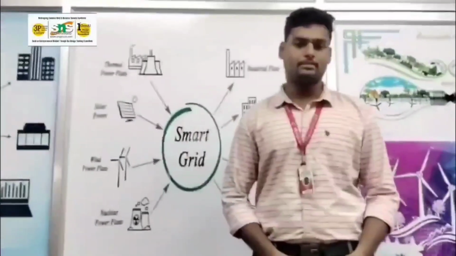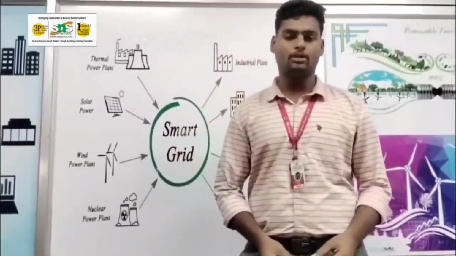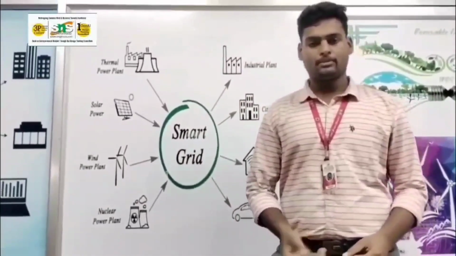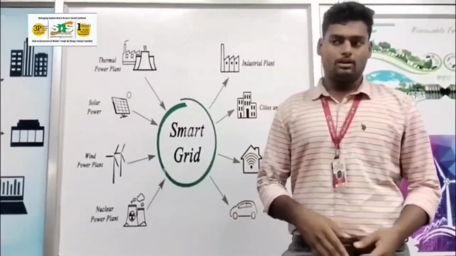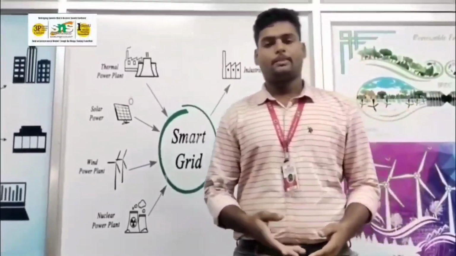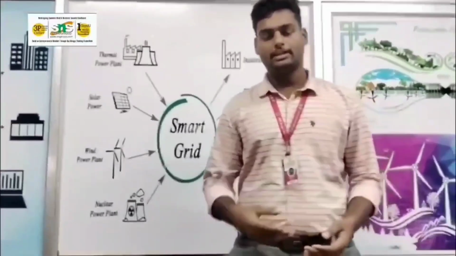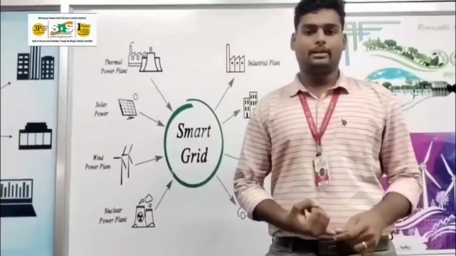Hello everyone, I am Jagdish Kumar from 3rd year AAA department. Me and my teammates are going to give a video about conventional grid and smart grid based on DT. I am here to give the empathy part about conventional grid. In conventional grid, there are many drawbacks like man-made errors.